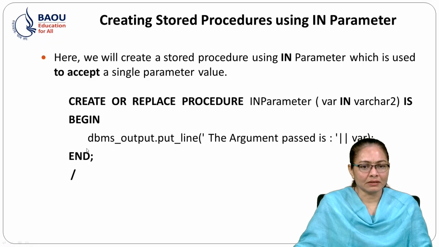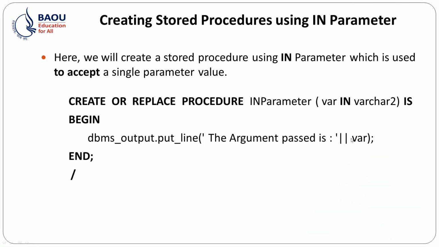In begin, we can display a one-line statement like DBMS_OUTPUT.PUT_LINE, in the bracket, single quotation, the argument passed is, and then the variable name, and bracket over and semicolon. When we pass the value, it will be stored in where.